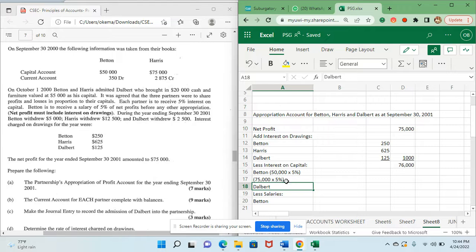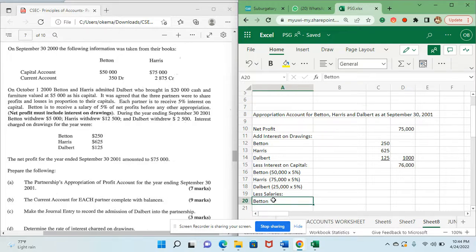And Dalbert's capital, it would have been 25,000 at 5%.